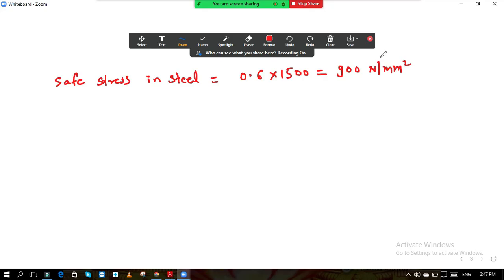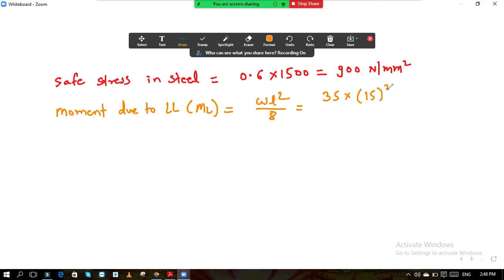Okay, now the next step, moment due to live load, that is ML is equal to wl square by 8, which is equal to load, how much it is given? Superimposed load is 35 into span given, it is 15 meter, wl square divided by 8. Now wl square by 8, what is the answer?